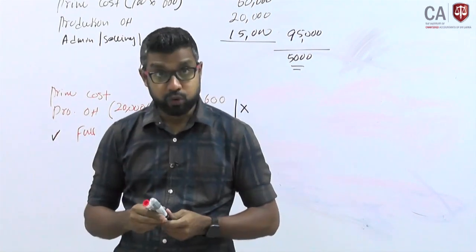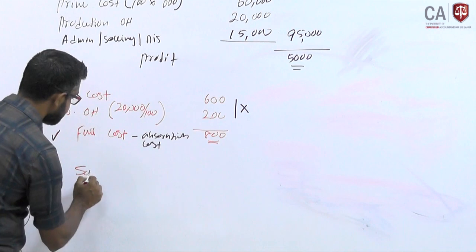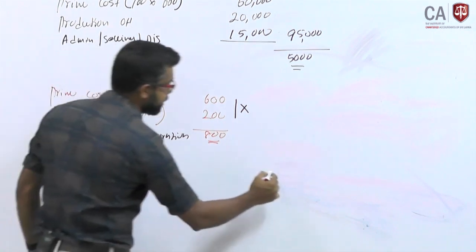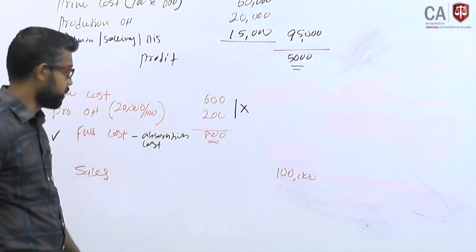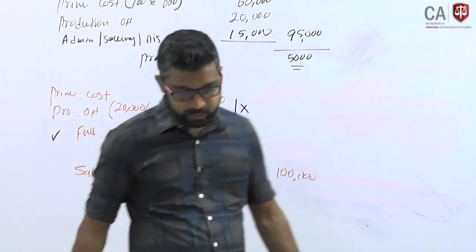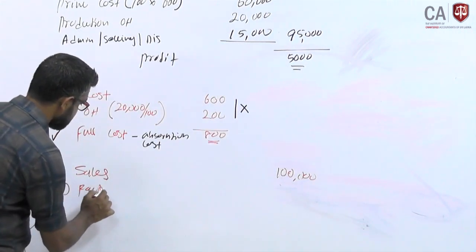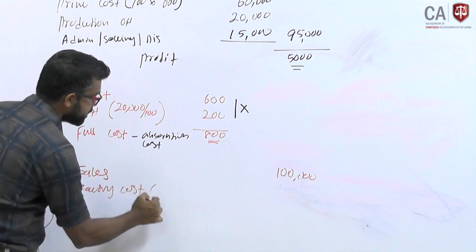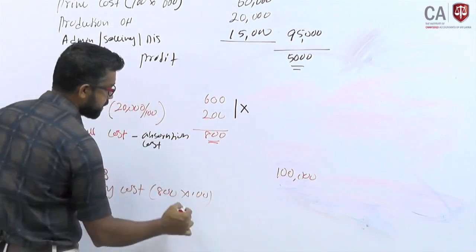By using full cost, how do you calculate profit? Sales, same 100,000. Then full cost, the factory cost: 800 times 100, 80,000.